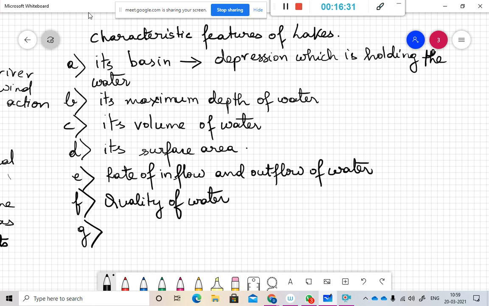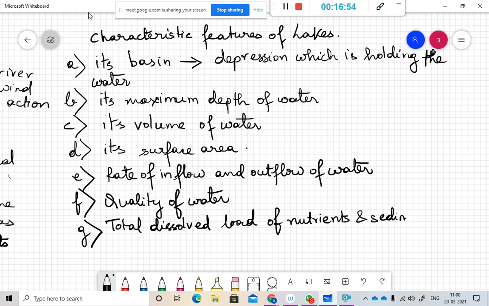It is also characterized by the total dissolved load of nutrients and sediments, how much nutrients and sediments are present. It is also defined by biotic species and their densities, how many kinds of species are found.